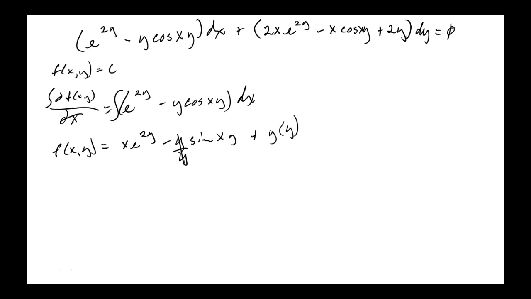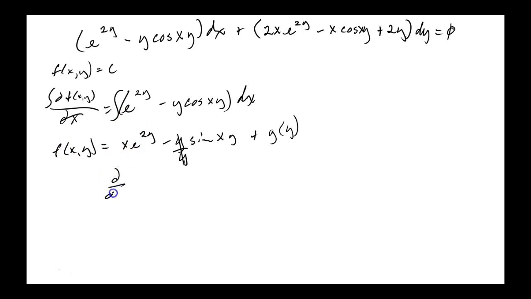Okay. Now, I'm going to leave that alone because last time I did it. So now what I'm going to do is take the derivative of this thing, but this time with respect to y. So let's do that.